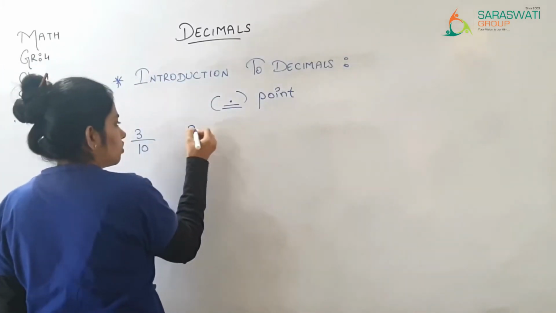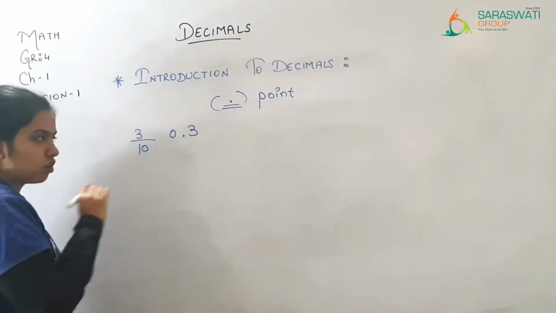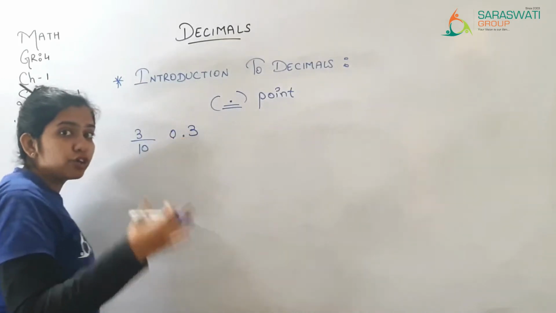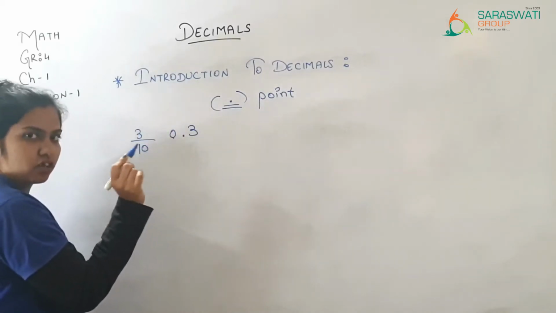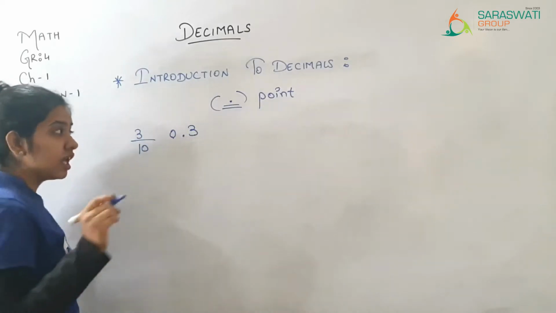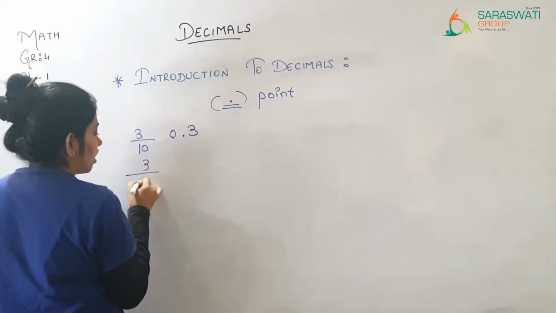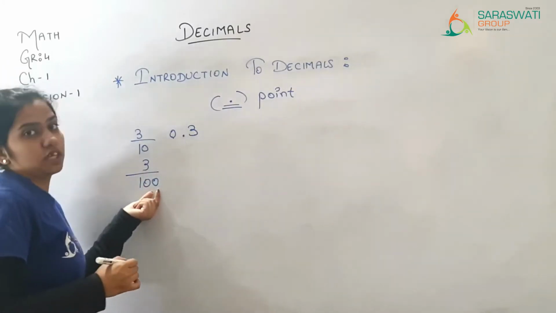So here we will write 3, 0 and over here also 0. So how we are going to read this? 0 point, the sign of decimal is point. So 0.3.